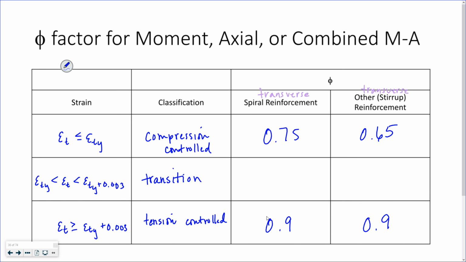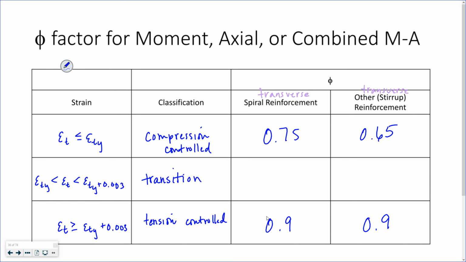The tension controlled steel is a lot easier of a material to control how it's made. So if you're controlled by the strength of your steel, then you can reduce by less. Or your phi factor is going to be less.